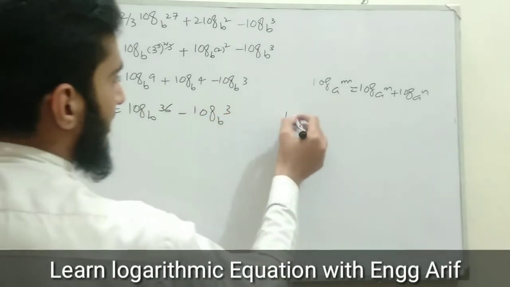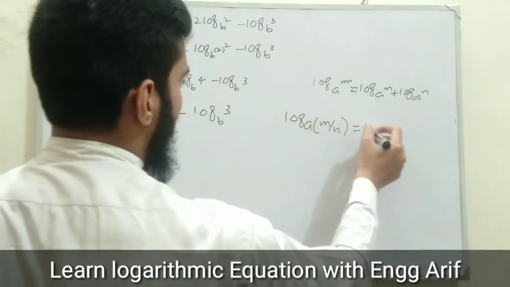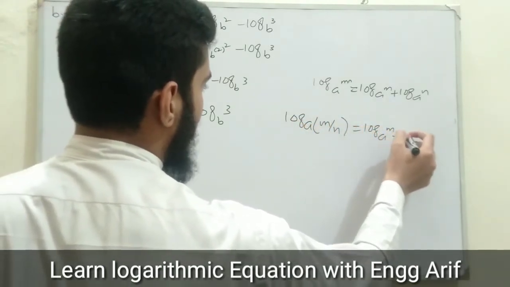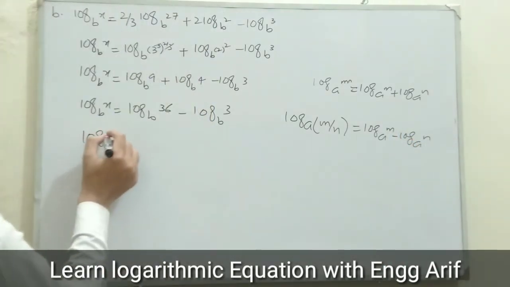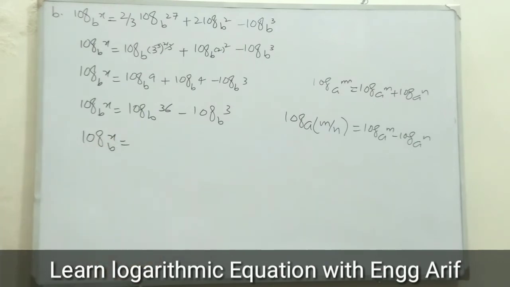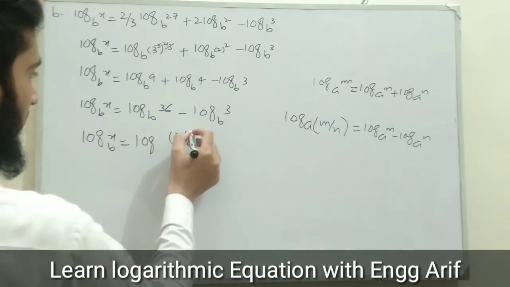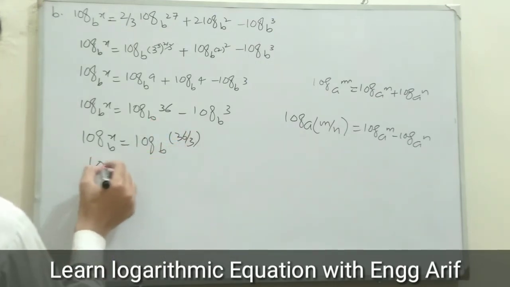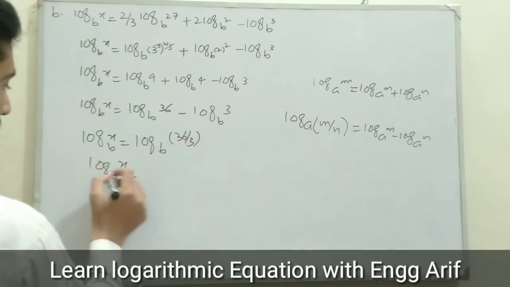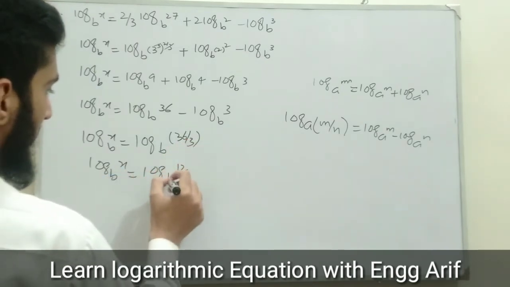Now using another formula, log of a, m by n as the power, is equal to log of a power m minus log of a power n. So log of x to the base b will be equal to the log of, and the power 36 will be divided by 3, and here the base will be b. So log of x to the base b will be equal to the log of 36 by 3, which gives us 12, so log of 12 to the base b.